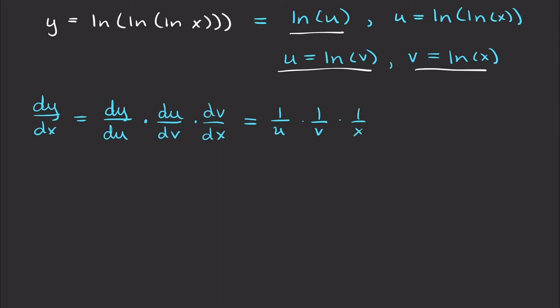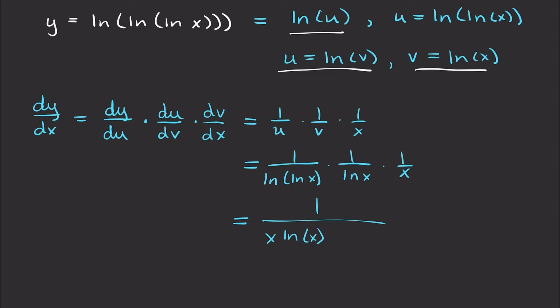And so now all I have to do is go back and plug in my u and my v. So this will be 1 over u, or 1 over natural log of x, times 1 over v, which is the natural log of x, times 1 over x. So we can simplify by just having 1 over x times natural log of x times the natural log of the natural log of x.